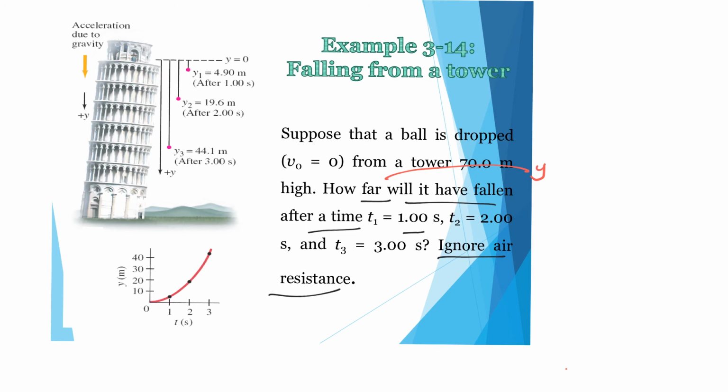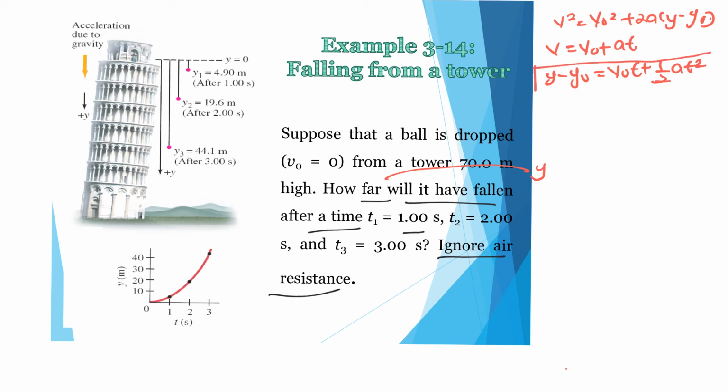So between those three formulas, which one do you need to use? v squared equals v naught squared plus 2a(y minus y naught), or v equals v naught plus at, or y minus y naught equals v naught t plus half at squared. Which one? Definitely you are going to use the third one, because you have been given time, and you know the acceleration is the value of g. I'm going to use 9.81 meters per second squared.